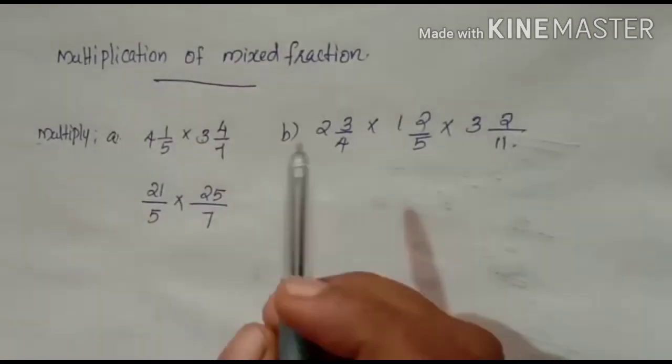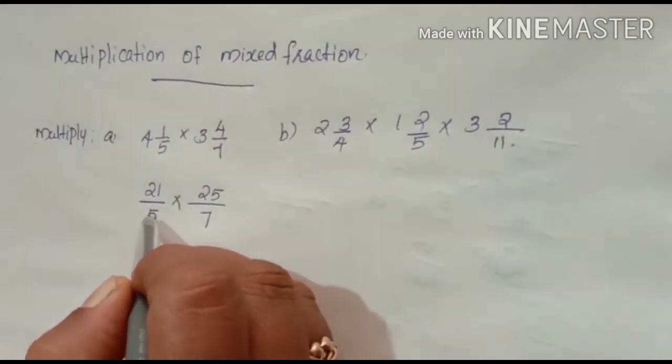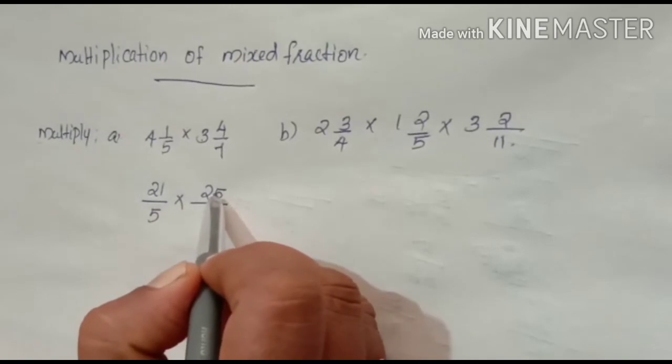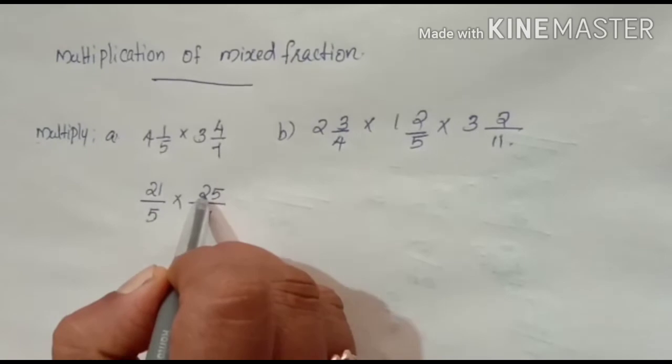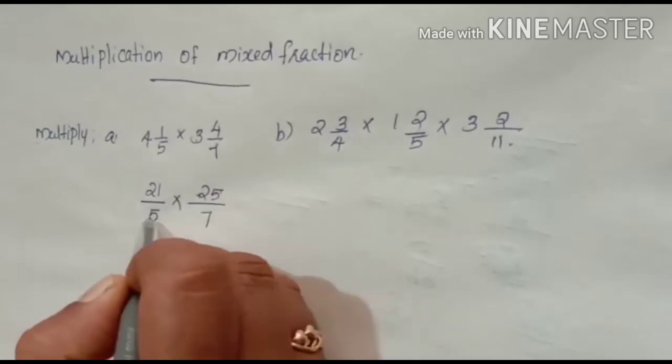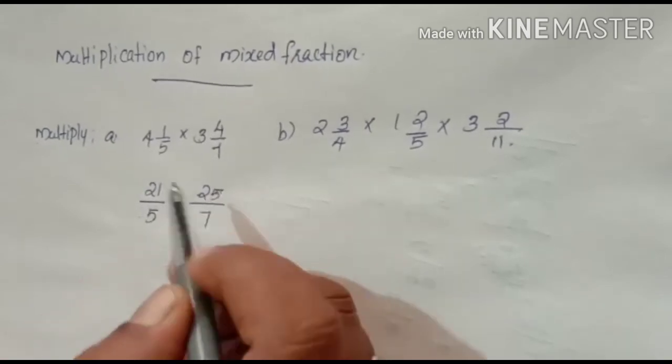Here we can cut 5 and 25. 5 is in the denominator and 25 is in the numerator, so we can cut these two numbers.